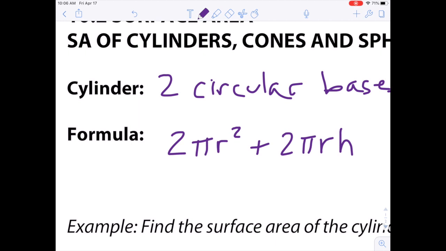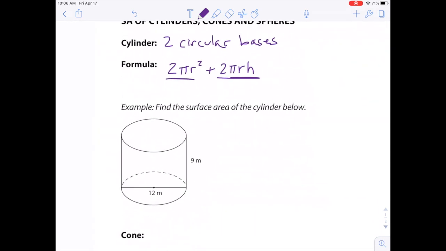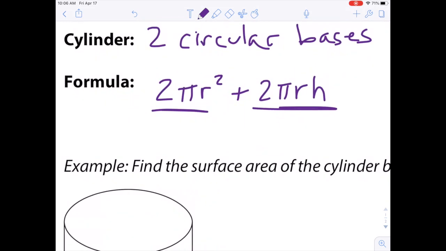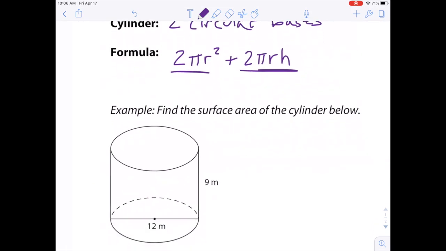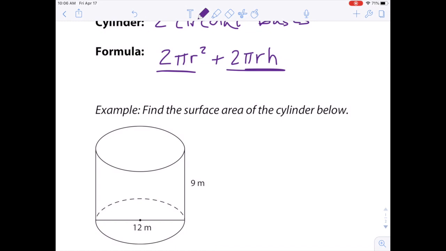Now, instead of breaking it apart, I need you to make sure you understand what each piece represents in the shape, because next week we're going to have to break it apart, and sometimes you'll only be finding the surface area of the curved surface or the circle on top.